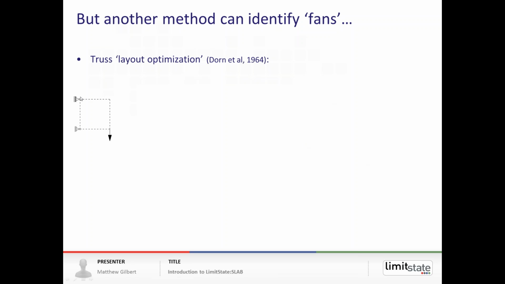Well, what we do is we define supports, loads, and a design domain. We discretize that domain with nodes, and we can use lots of nodes, or we can use relatively few nodes, and then we connect those nodes together with potential, in this case, truss bars. And then we use optimization to find the minimum volume truss to carry that load.